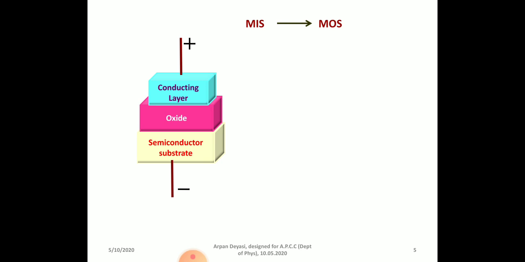So MOS is nothing but a special type of MIS device which works as a capacitor. The only speciality is that there is no other insulator, it has to be an oxide material. So MOS is a special type of MIS, and please now consider my earlier statement: MOS is not a transistor, it's a capacitor.